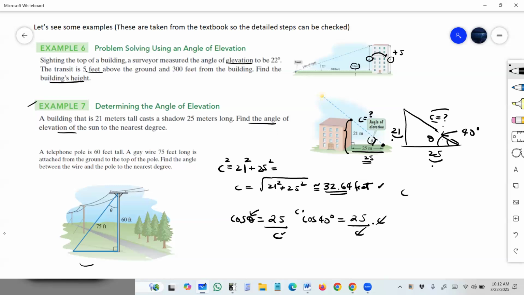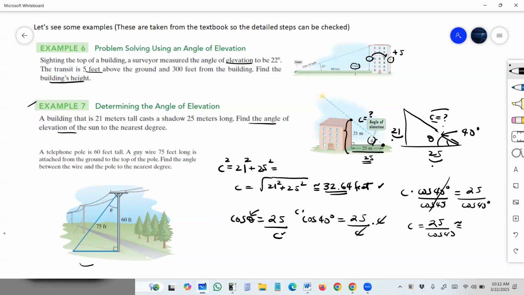So now I have C times cosine 40 equals 25. And then I divide both sides by cosine 40 degrees, which means that C is going to be 25 over cosine 40.